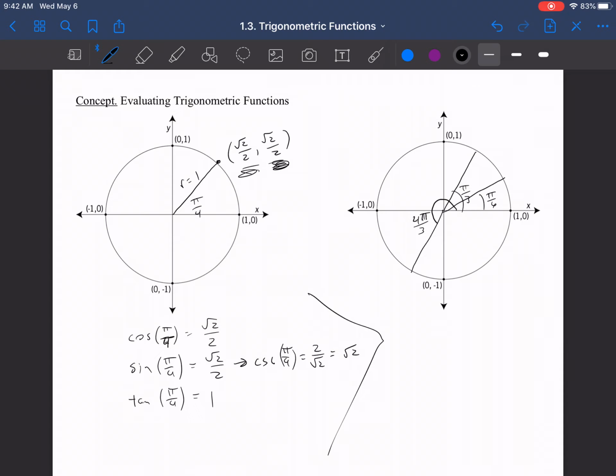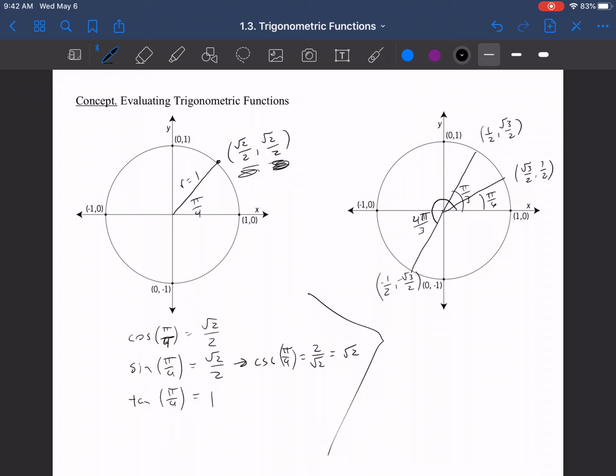And the coordinates for these locations, this one is square root of 3 over 2, 1/2. This is 1/2, square root of 3 over 2. This one is negative 1/2, negative square root of 3 over 2, which I'm going to show you in the video for unit circle how to get all these coordinates like this.